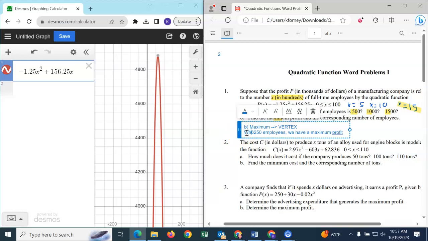So when there are 6,250 employees, we have a maximum profit, and this is in thousands, so you're going to move your decimal 3 places.